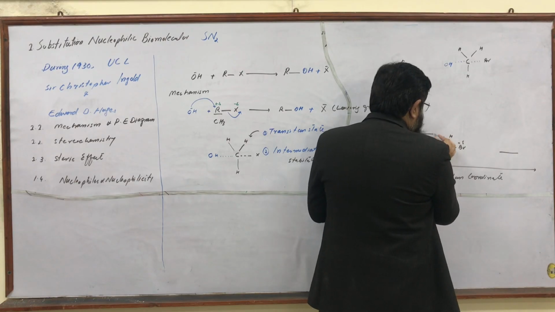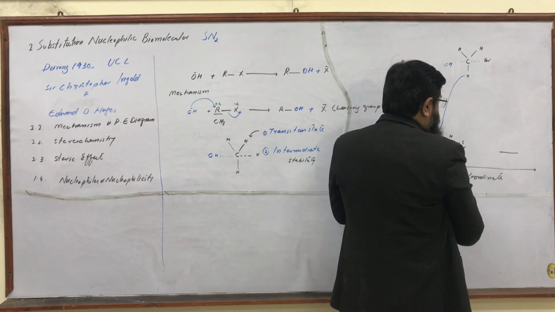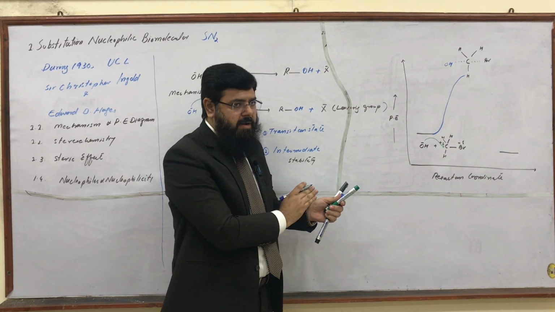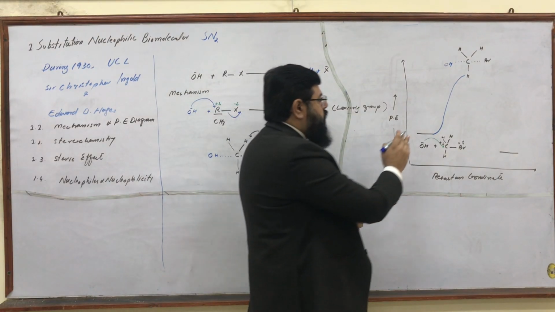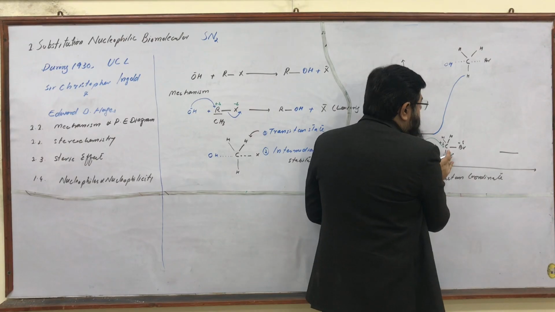So when these reactants approach each other, they will convert into a transition state. In the transition state, on one side there is bond development and on the other side there is bond breakup. So this state will be higher in energy as compared to reactants.